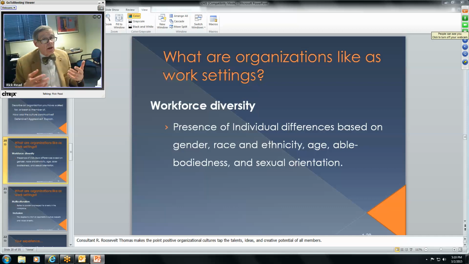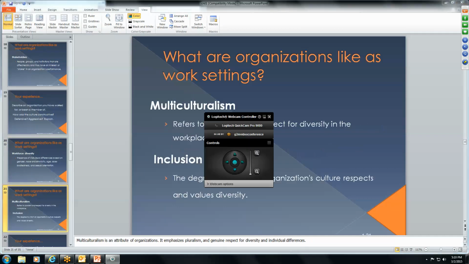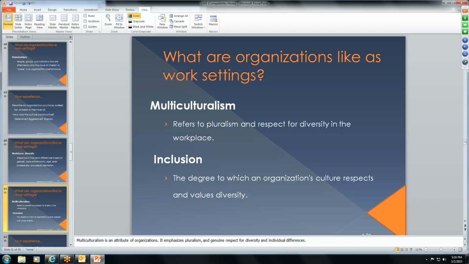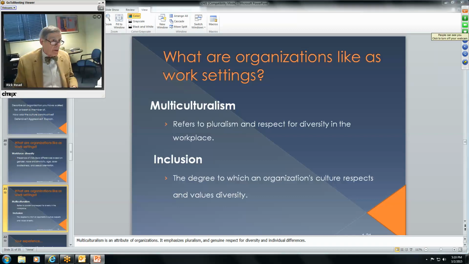Now, we have two other terms that probably take greater resonance and perhaps have a greater meaning for us. And they're either multiculturalism or inclusion.